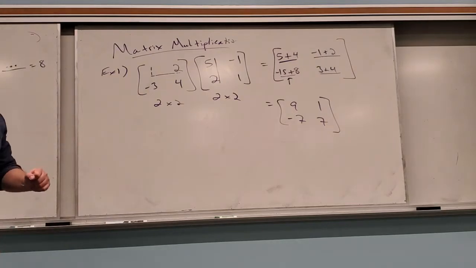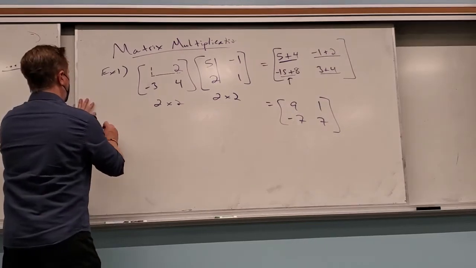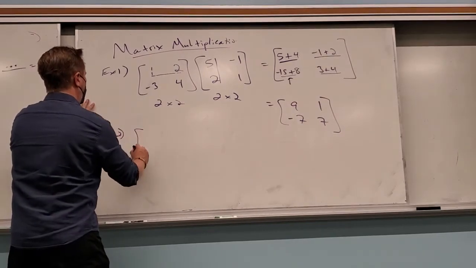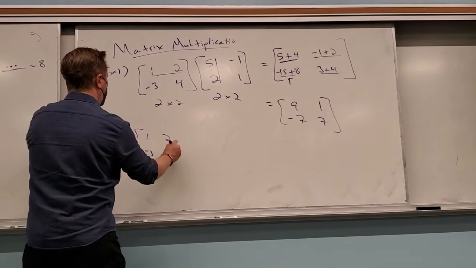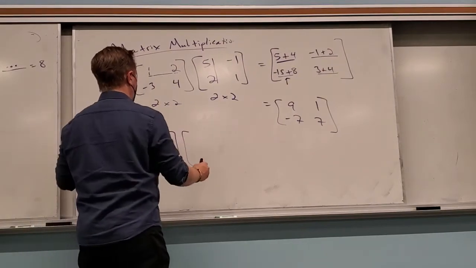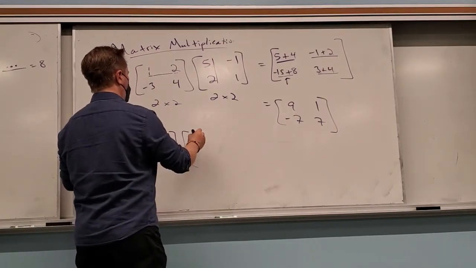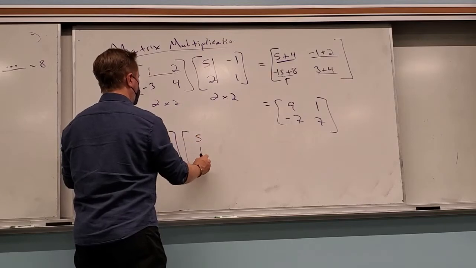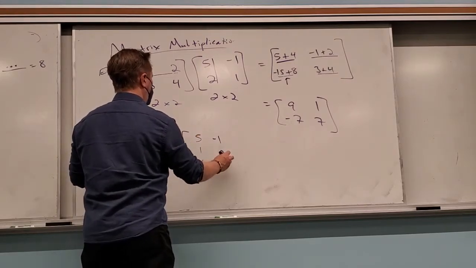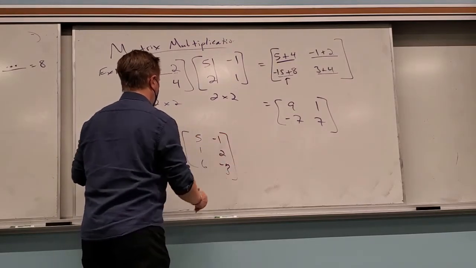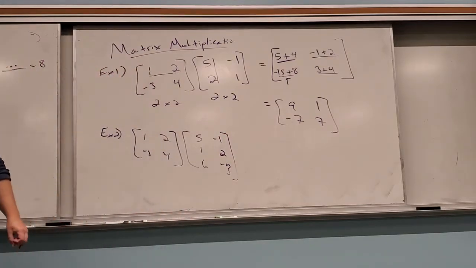So let me ask you this. Let me see if anybody gets this. If I wanted to multiply 1, 2, negative 3, 4 by 5, 1, 6, negative 1, 2, negative 3, will that work?